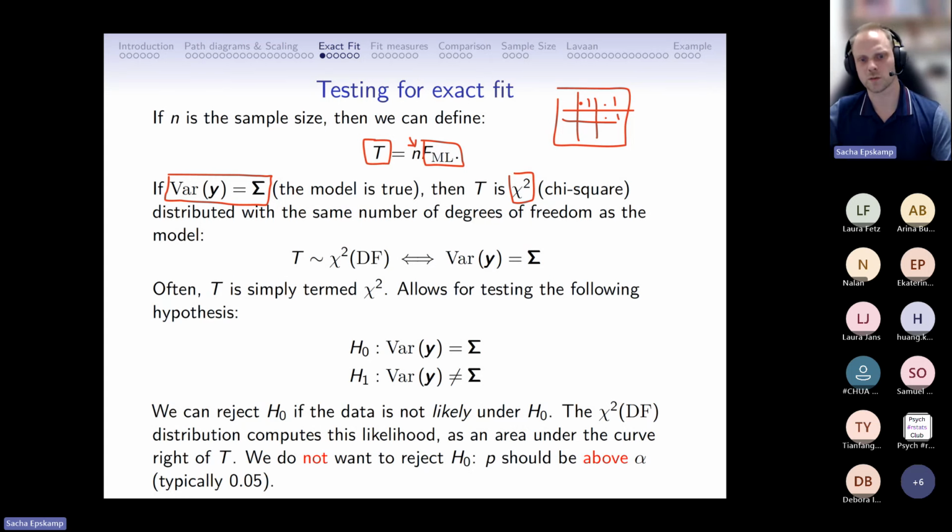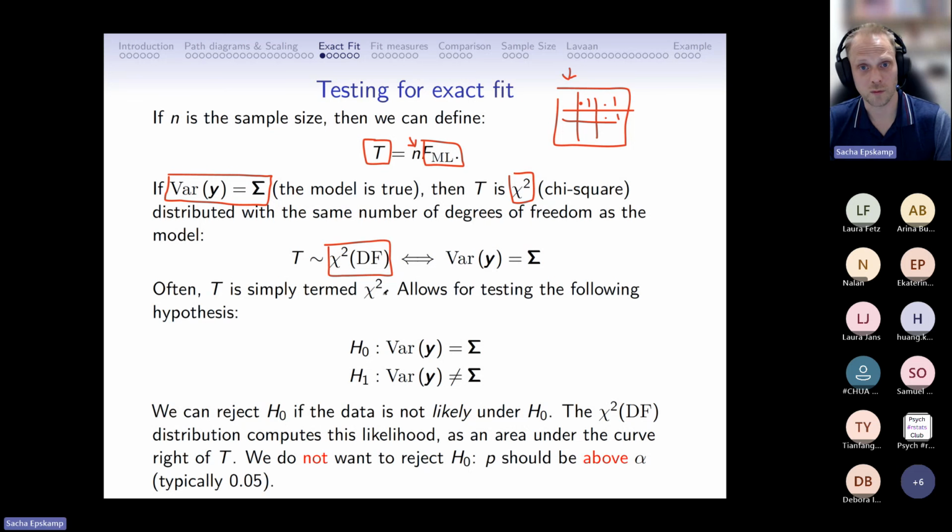We know that if this is the true model, then this chi-square distribution will explain the sampling variation. We'll say, okay, if this is a true model, t should actually be 0. But it's never going to be exactly 0 because there's some sampling variation. So we know it follows then a chi-square distribution.